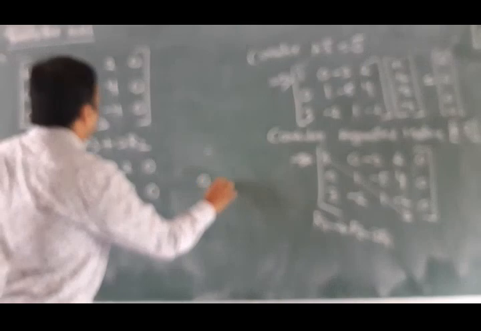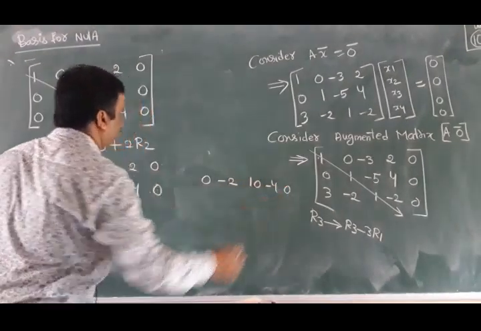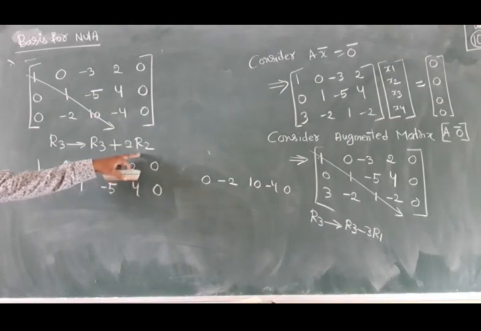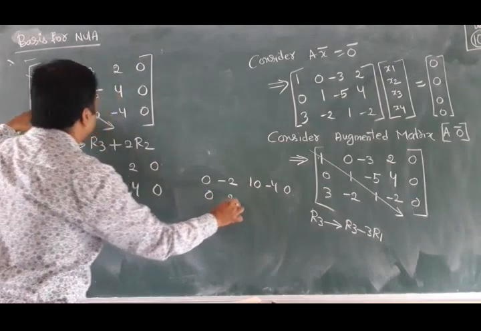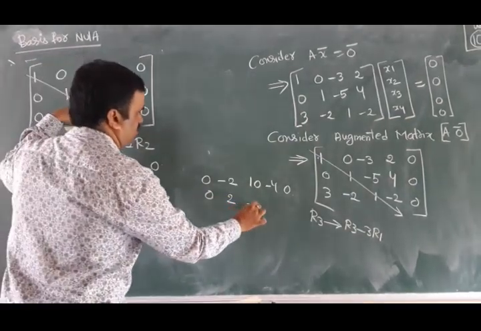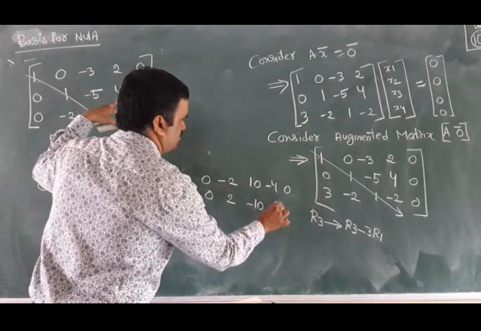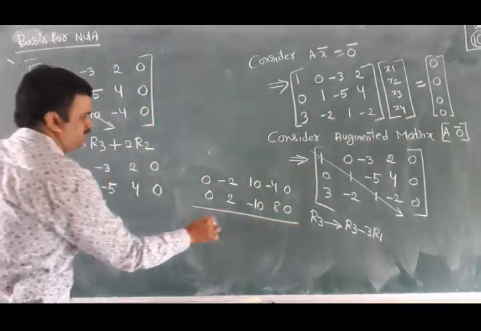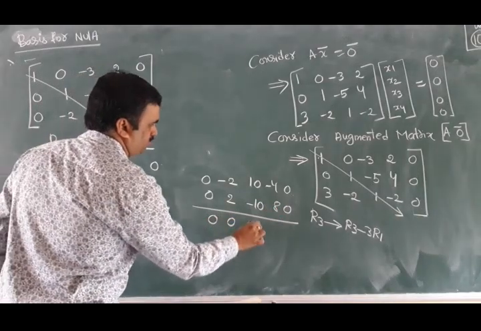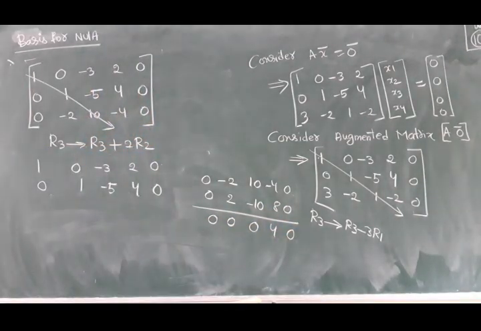R3 is 0 minus 2 10 minus 4 0. 2 times R2: second row multiplied by 2 gives 0 2 minus 10 8 0. We have to add it. 0 0 0 4 0 we are getting.